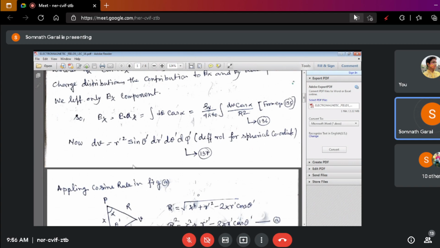Here r is equal to r dot, theta is equal to theta dot, so dv is equal to r dot squared sine theta dot dr dot d theta dot d phi dot. This is the differential volume of the spherical coordinate, and this is equation number 137.